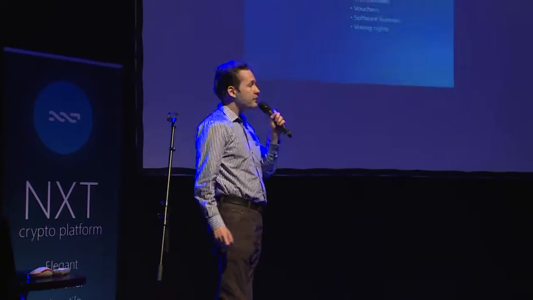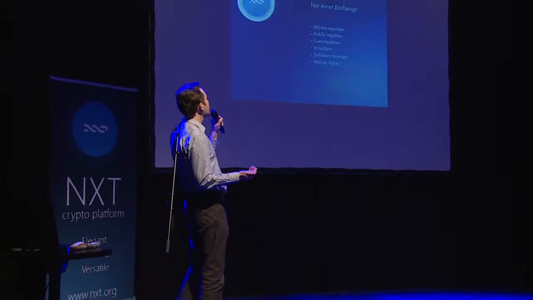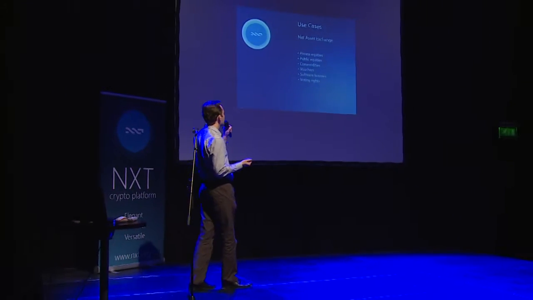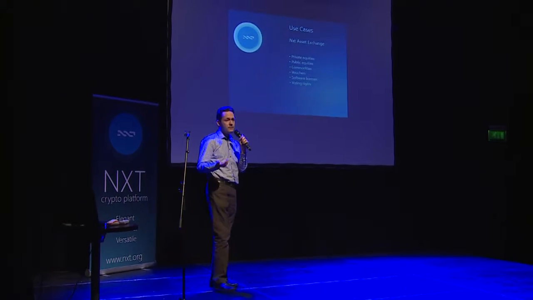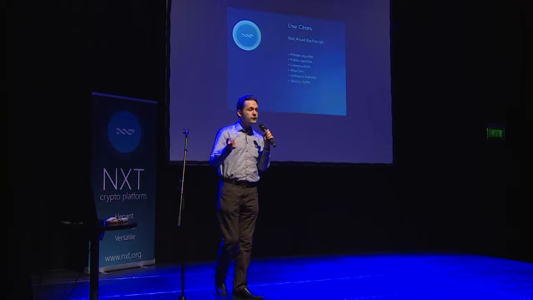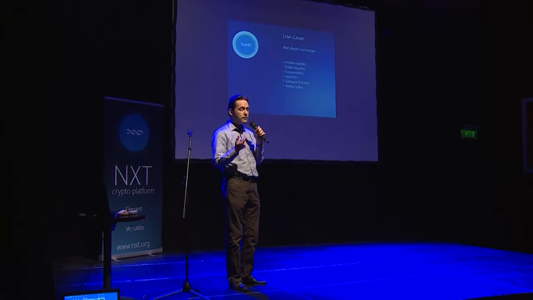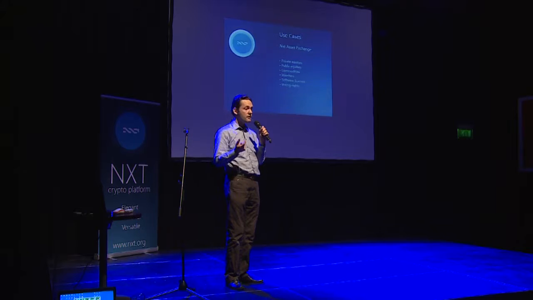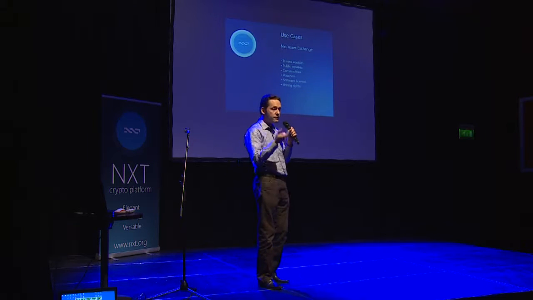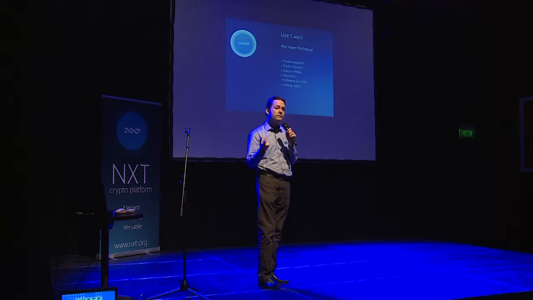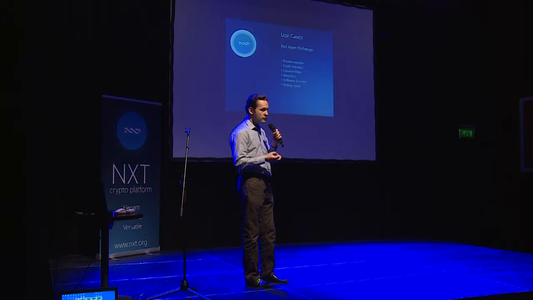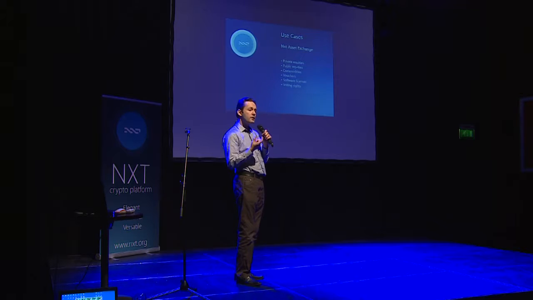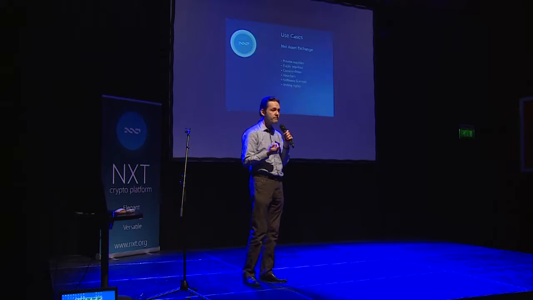This is a small list of what would be possible on the asset exchange. So you could do private equities or public equities, commodities, anything. It's possible to create unique assets. So this means that you, for instance, could trade cars on it, because every asset represents that specific car. You could even use it in a different way. If you put a code connected to that specific asset, you could use it as a key.